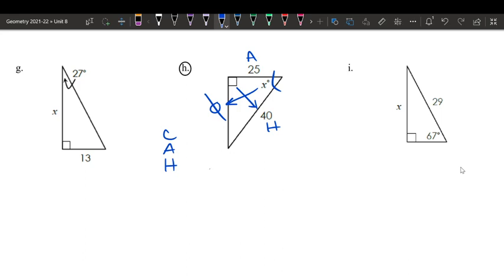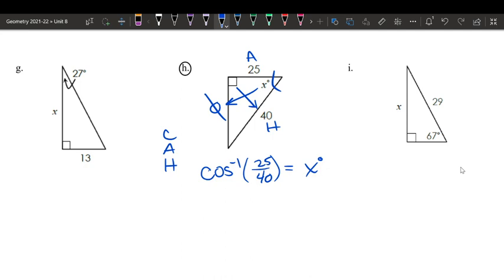So for the inverse, looking for an angle, I do the inverse cosine of the ratio equals the angle. Now put X equals X degrees. And cosine is A on top of H. A is 25 and H is 40.